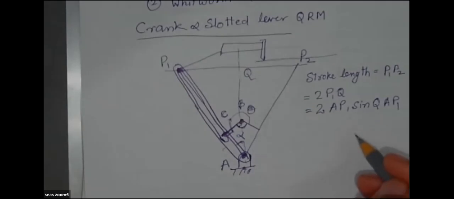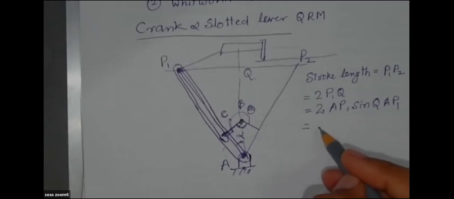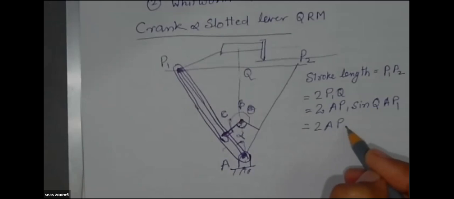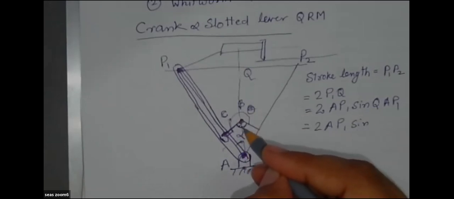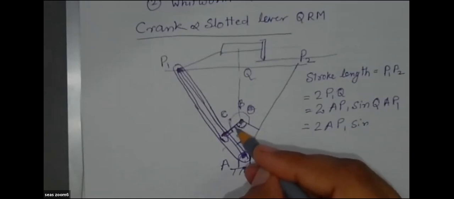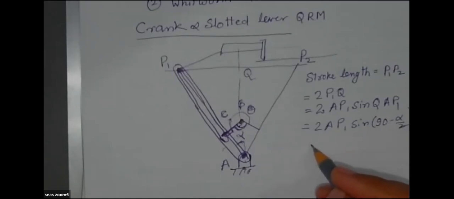So again इसको दोबारा से लिख सकते हैं, that is 2AP1 sin of, ये एंगल क्या हो जाएगा, see this whole angle is alpha, तो ये alpha by 2 हो जाएगा. So QAP1 will become sin of (90 minus alpha by 2), that is cos alpha by 2.